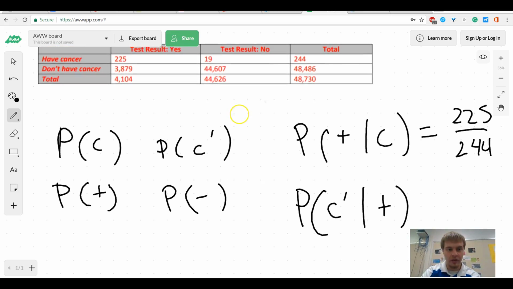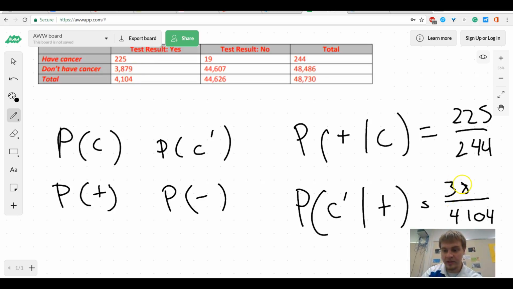So let's figure out all the people that tested positive. There were 4,000 people that tested positive, and out of those 4,000, 3,879 did not have cancer.